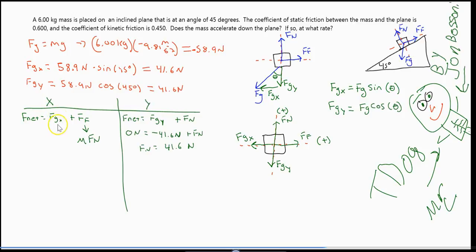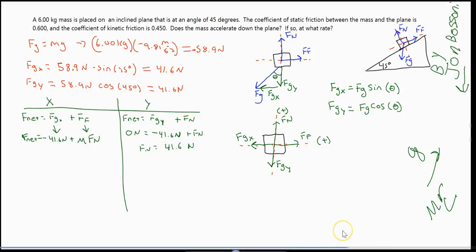I do know my FGX, and I do have a way to find the force of friction given this equation. So for FGX, I've decided to call the left side negative, so negative 41.6 newtons, and I need to find the force of friction. First, I need to know if it accelerates.